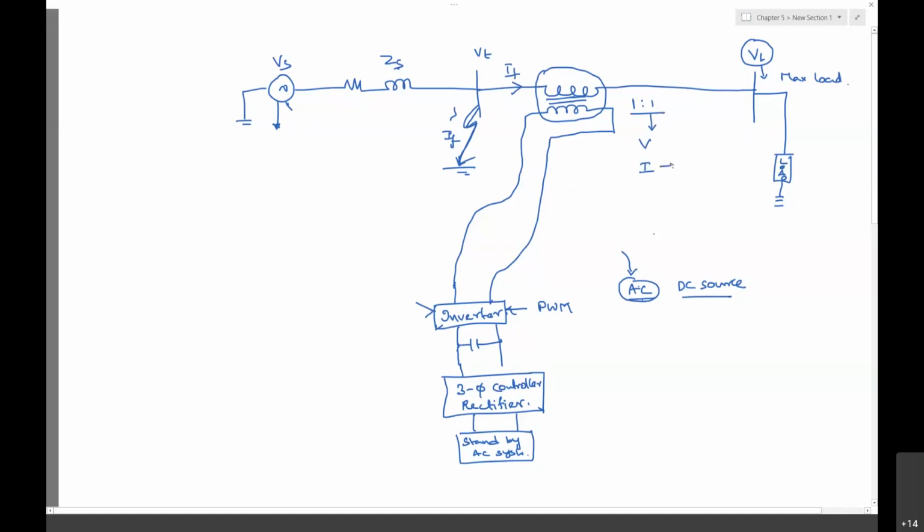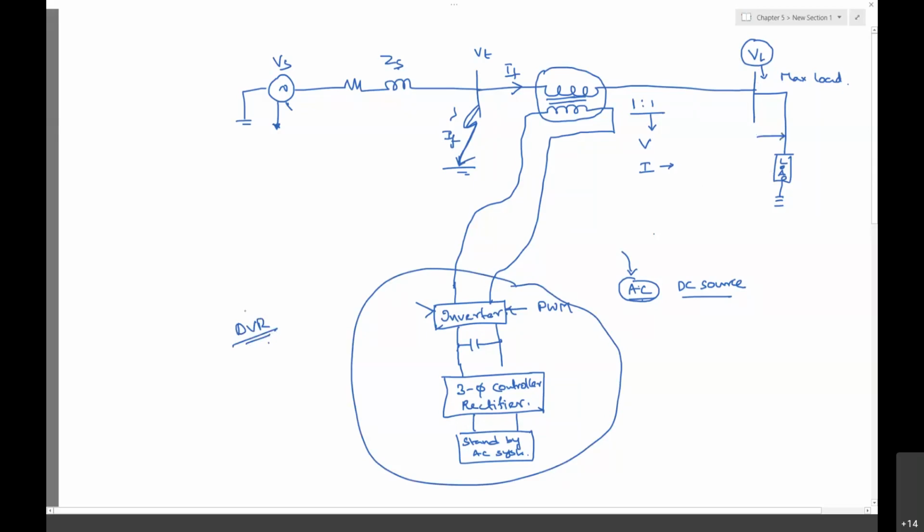With respect to the current, once you are using this device, a series active power filter or a dynamic voltage restorer, it is designed with respect to this particular sensitive load alone.